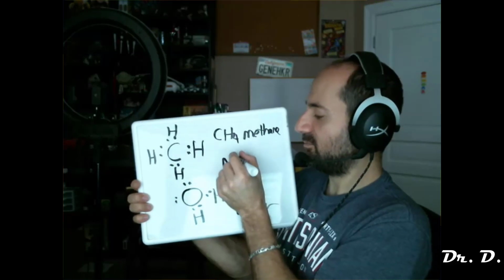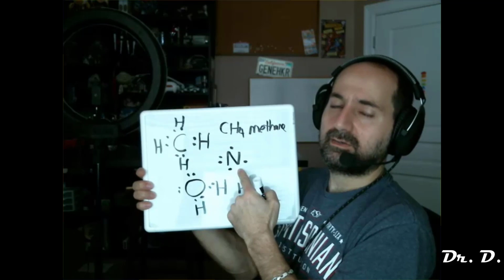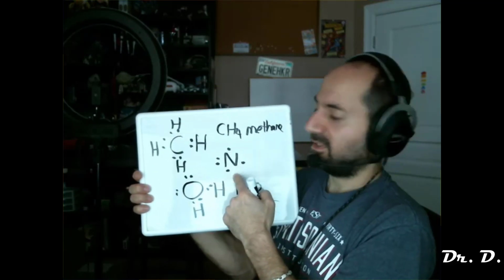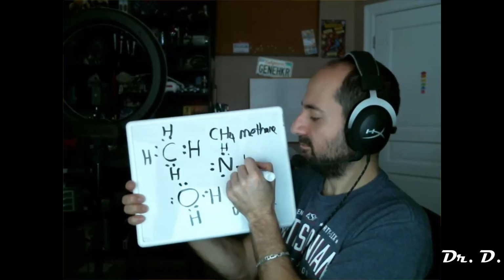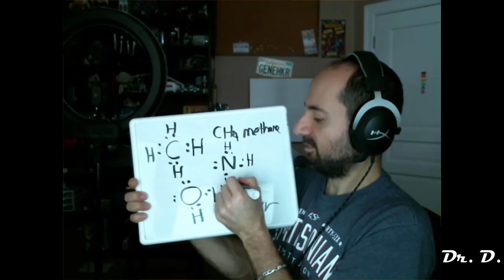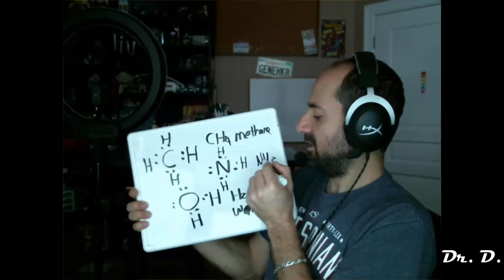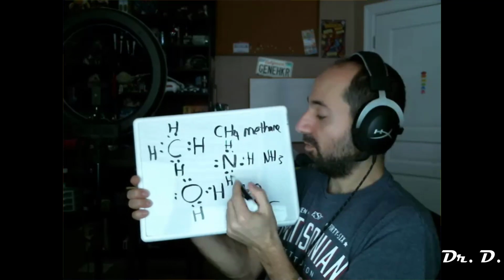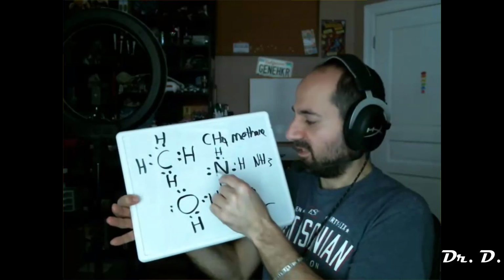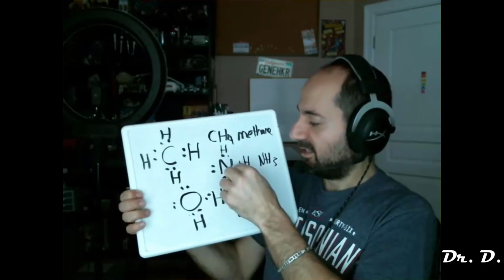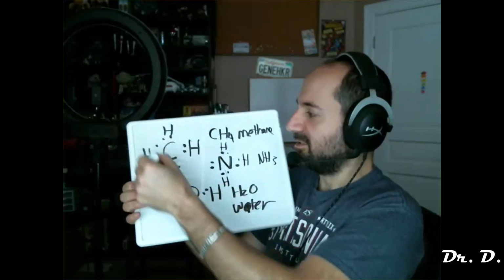What about nitrogen? Remember how many valence electrons? Nitrogen has 5 valence electrons. So how many partners can nitrogen have? 3. So nitrogen can only make something like NH3, for example. This is ammonia. So you see how you can't build as complex shapes with nitrogen or oxygen because they can only have 3 or 2 partners respectively, whereas carbon is very versatile.